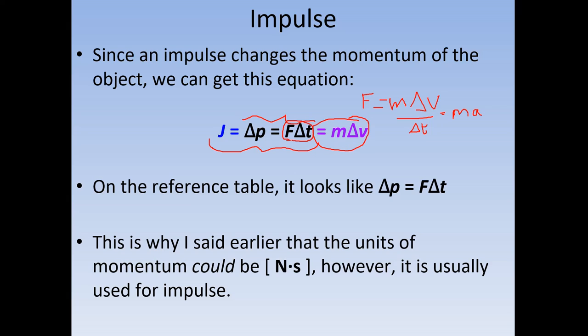So if you're driving your car at 60 miles an hour and you get into an accident and your car stops, you're going to experience more damage if you hit a brick wall versus a giant snowbank. Why is that? According to this equation, there's an inverse relationship between force and time. In both cases, the impulse you felt was the same, because your mass was the same and the change in velocity was the same.